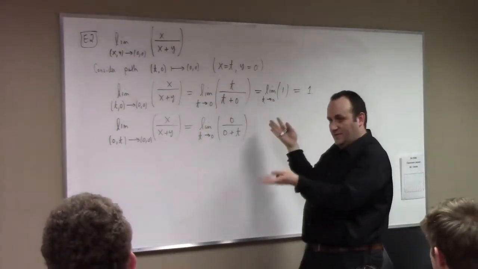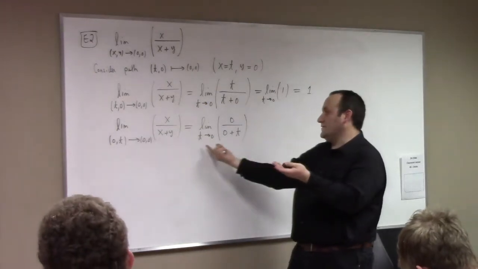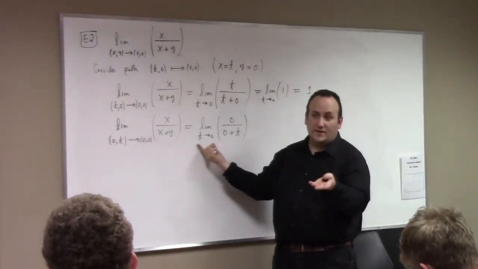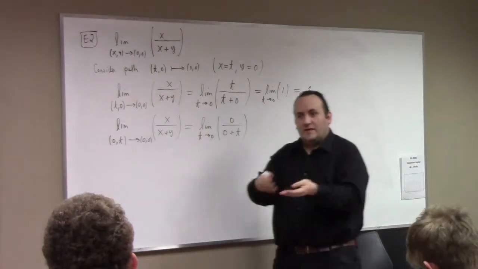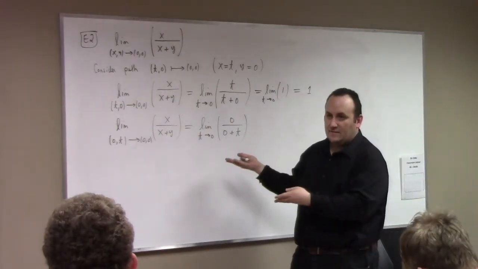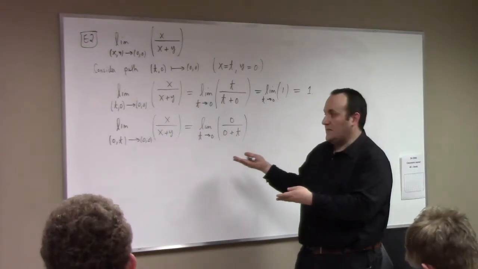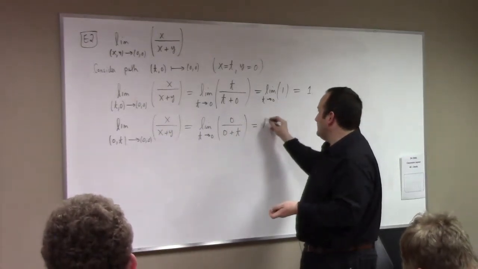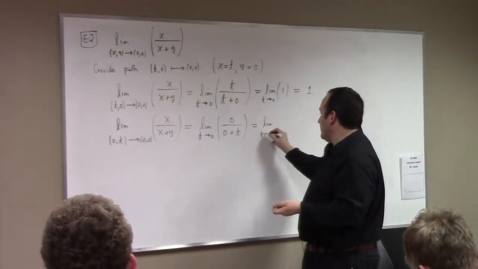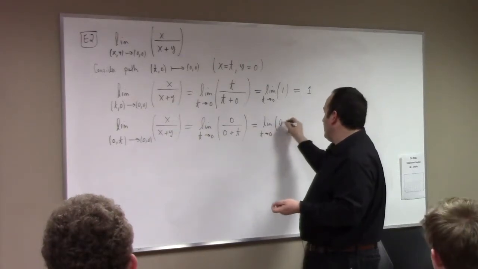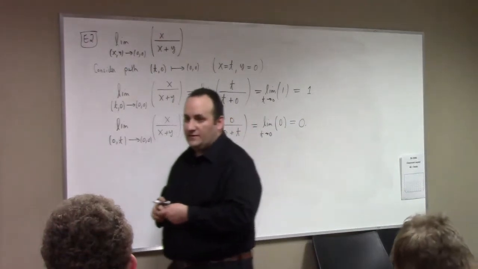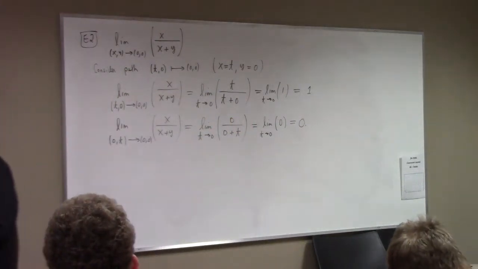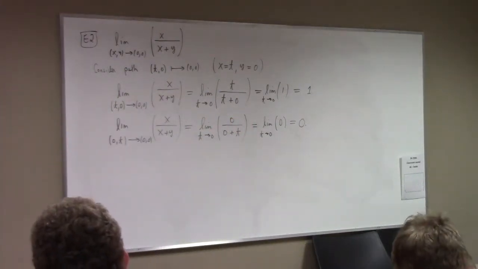This is just straight up 0, because in this limit, we consider t approaching 0 but not equal to 0. That's the whole point of the limiting process: you get arbitrarily close to the limiting point, but you don't actually get there. So this is just straight up 0, a la Calculus 1 logic. And so that's 0. 0 not being equal to 1, we have shown that this limit does not exist, because the two paths disagree.